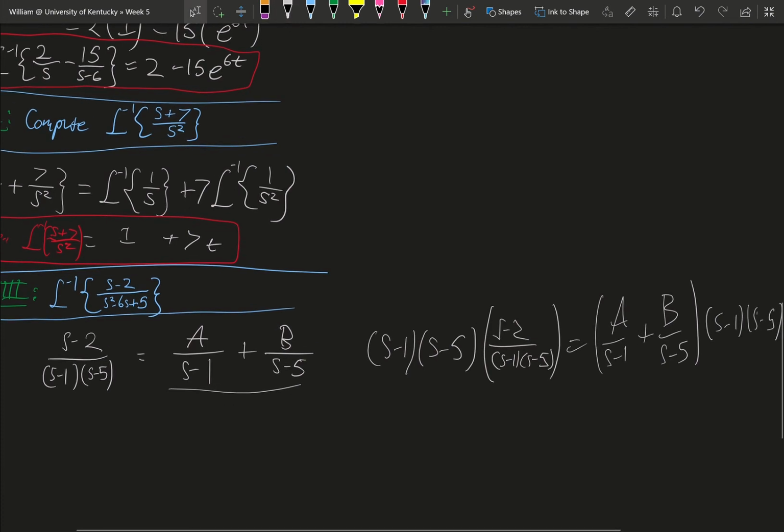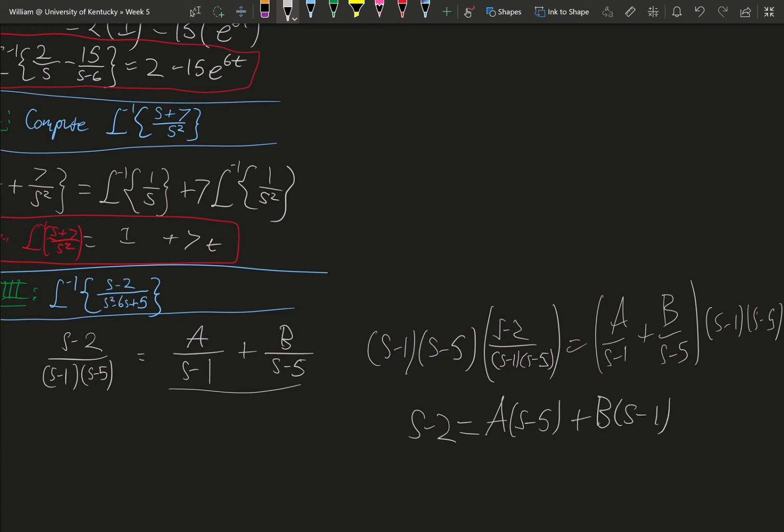And what we get is s − 2 equals a(s − 5) plus b(s − 1). There are a couple of different options for how to proceed here. I'm going to do a video on partial fraction decomposition later because there are some more complicated scenarios that can happen. But we're just going to match our coefficients.